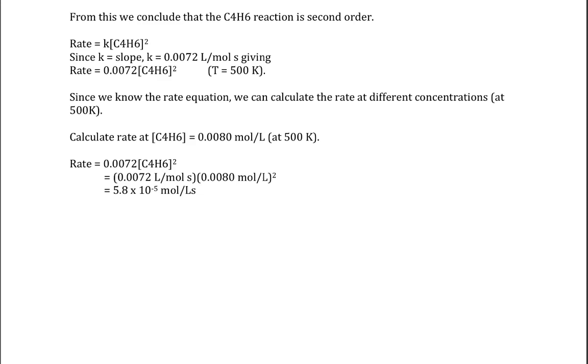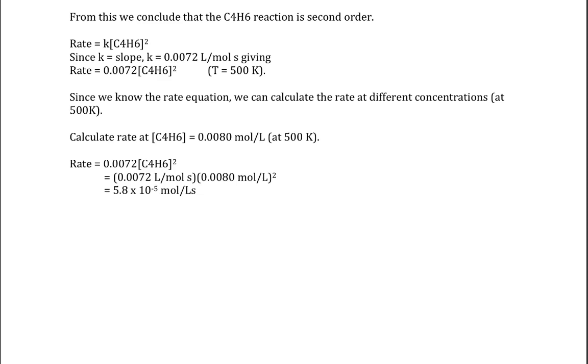So we have rate equals K times C4H6 squared, and K, which is the slope, is 0.0072 liters per mole second, giving us rate equals 0.0072 times C4H6 concentration squared.